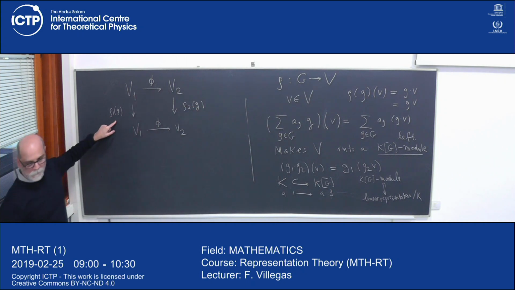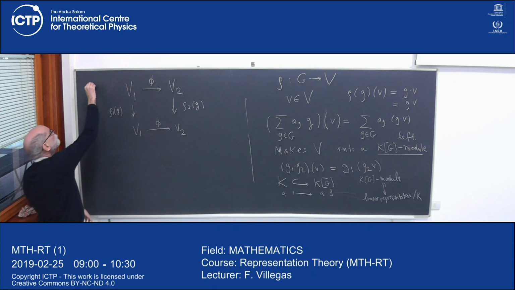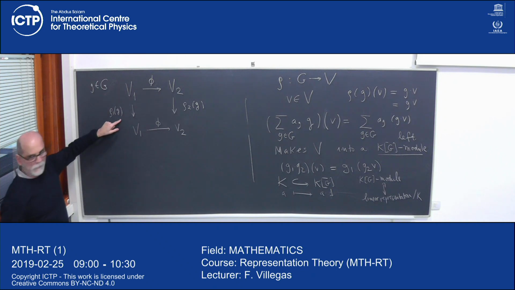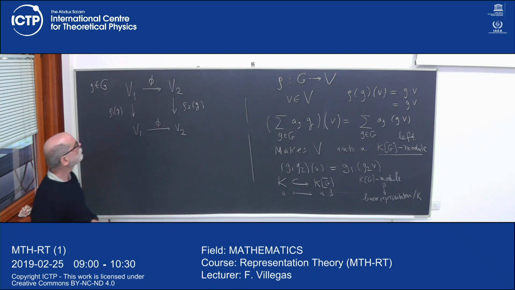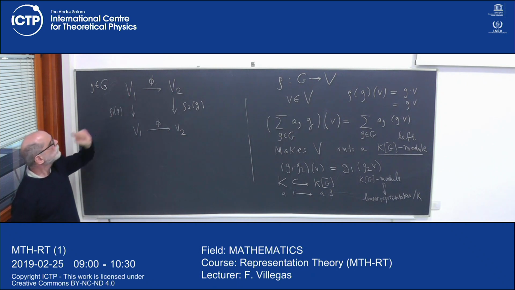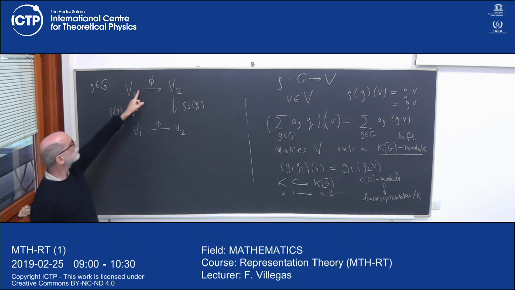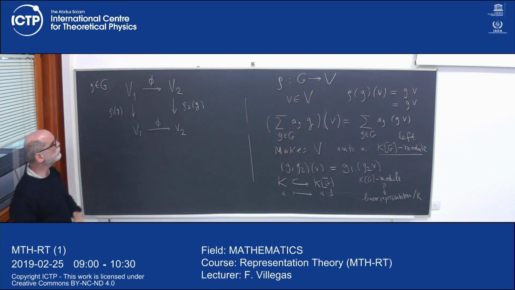So if I give you an element of my finite group, rho 1 of G is some linear map from V1 to V1, and rho 2 of G is some map from V2 to V2.